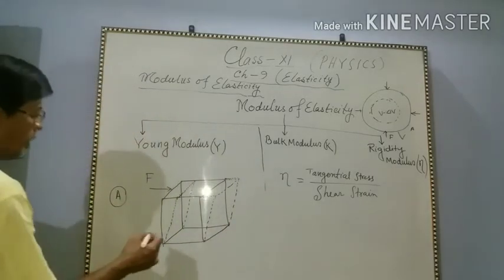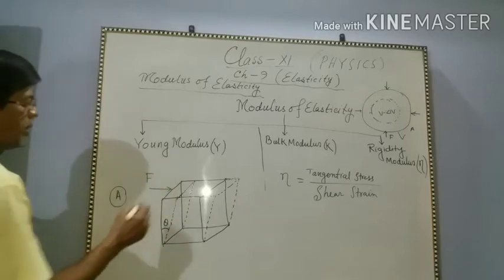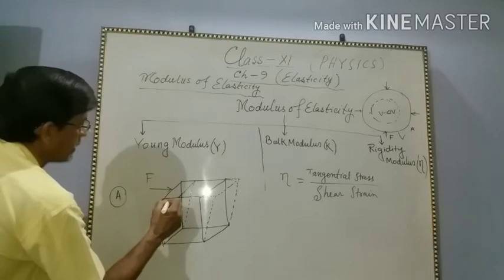This is called the angle of shearing. If this is L, this is delta L.